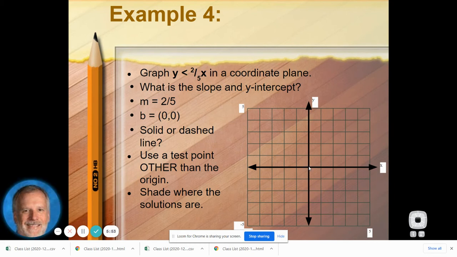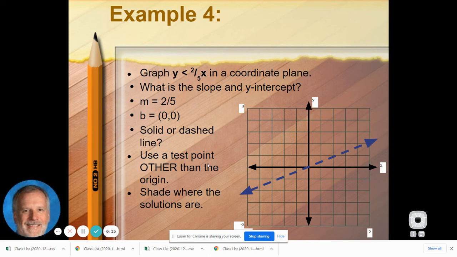So I know that my y-intercept has got to be 0. So I know that I need to graph a line with a slope of 2/5, meaning when I run forward 1, 2, 3, 4, 5, I will rise 2. So I've done that. It's a dotted line because it's just less than.